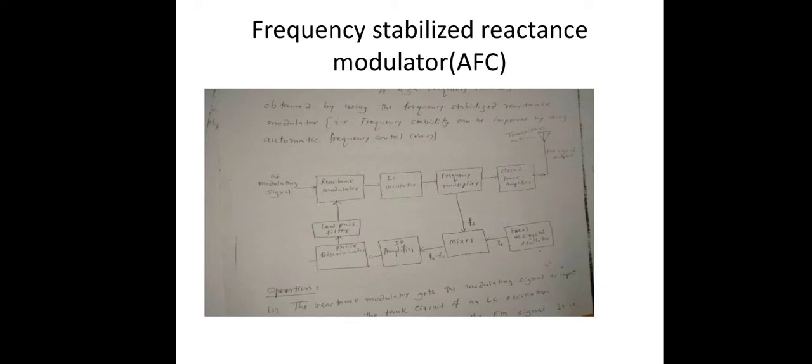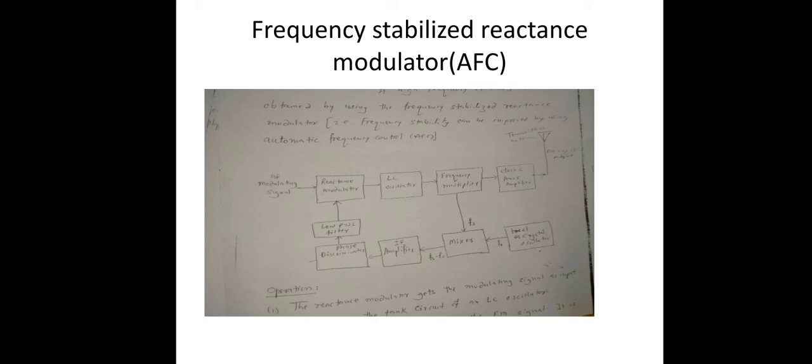Working of this diagram: high frequency stability cannot easily be obtained with the reactance modulator. That is why the frequency stability can be improved by using automatic frequency control, in short AFC. First, the reactance modulator gets the modulating signal as input.